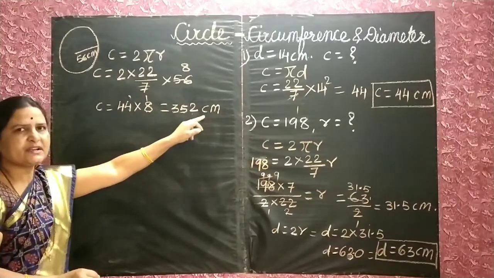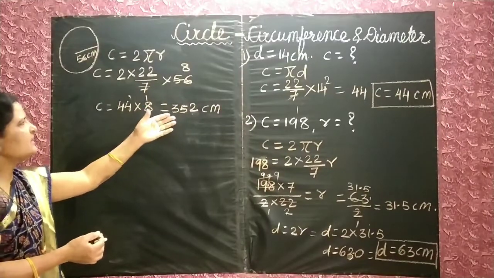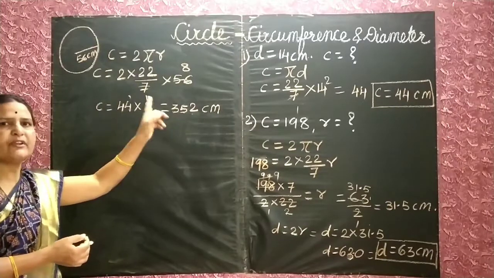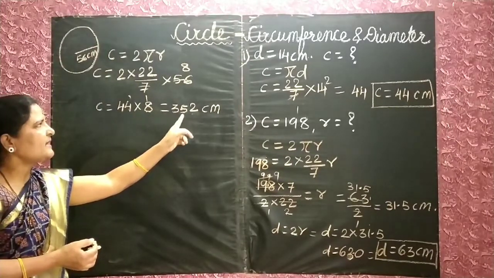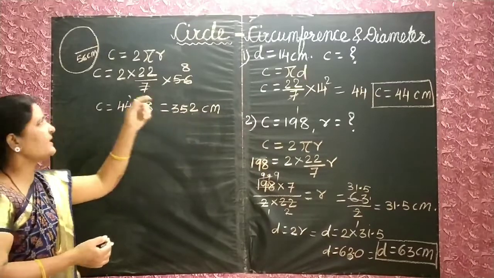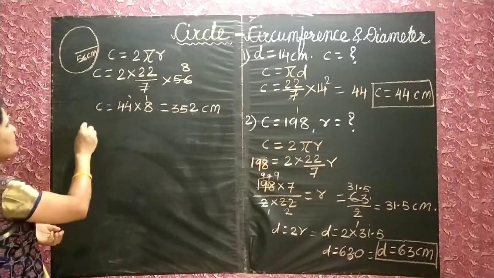For 352 centimeter of wire or whatever fencing, it will be required for fencing 1 round. For fencing 1 round, 352 centimeter of fence should be required. But how many rounds are there? 4 rounds. Then what do we have to do?